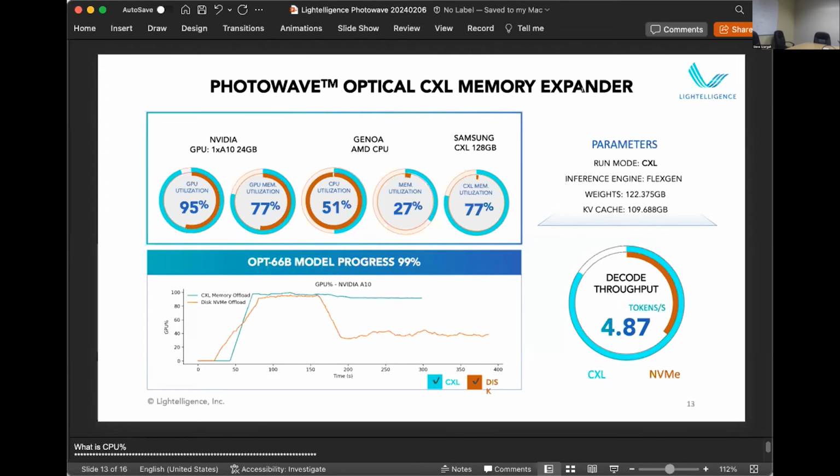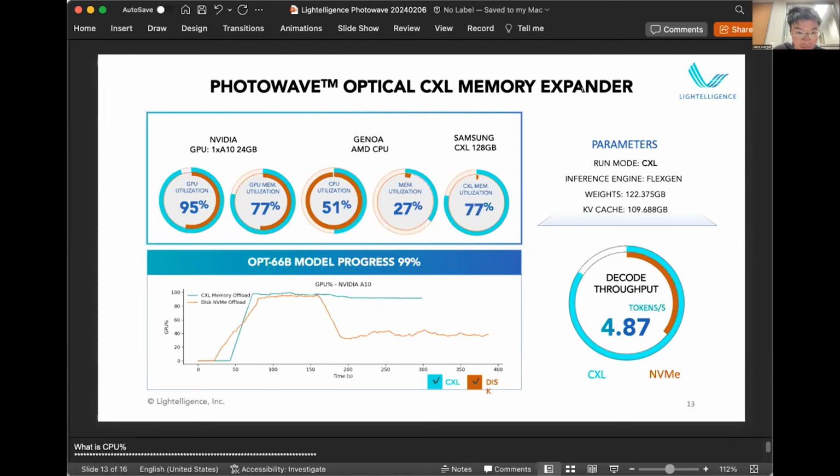Some things to note: the GPU utilization using the CXL memory was quite high, so that more efficiently used the GPU compared to the solid state drive. And the CPU utilization was lower, so that allows you to use your server to run other tasks.